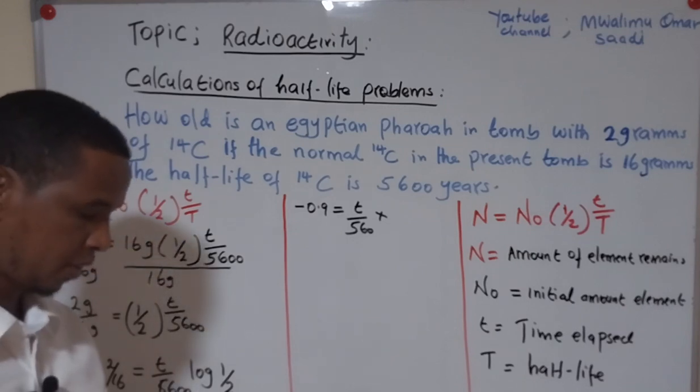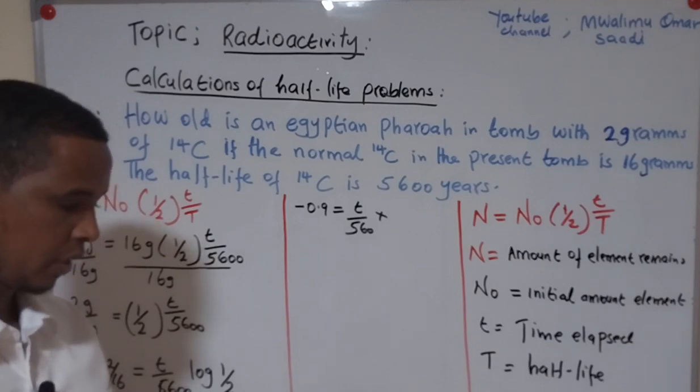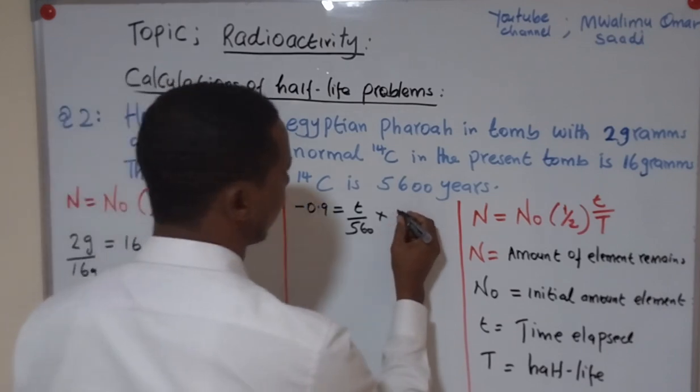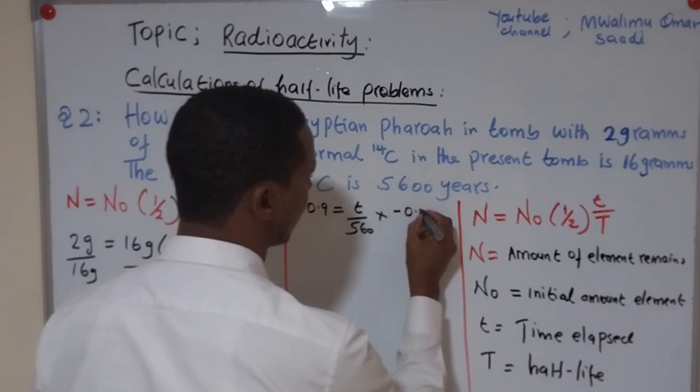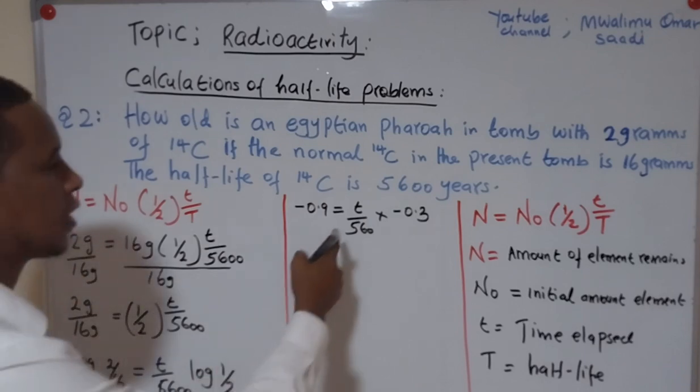Log half is equal to negative 0.3. So from there, let's multiply this.